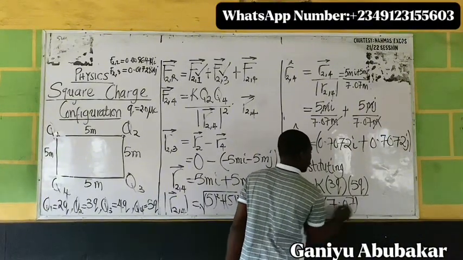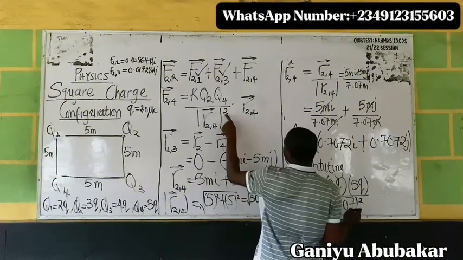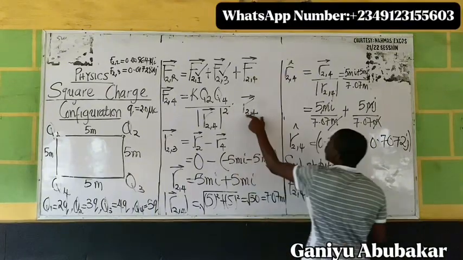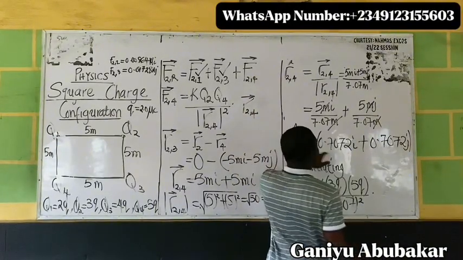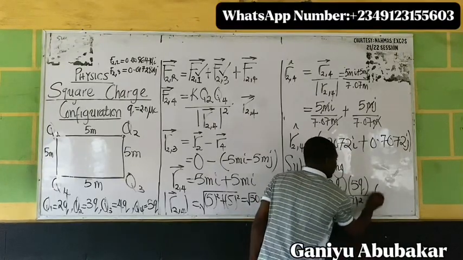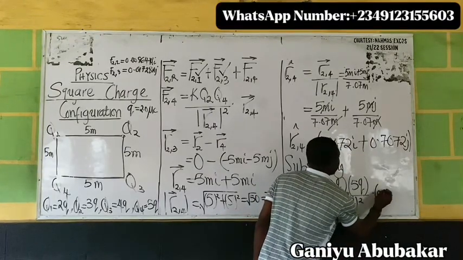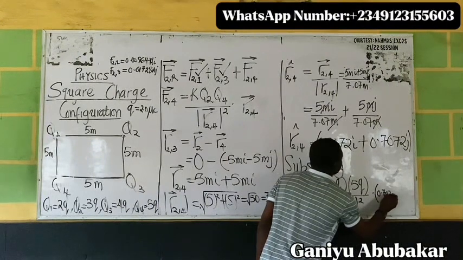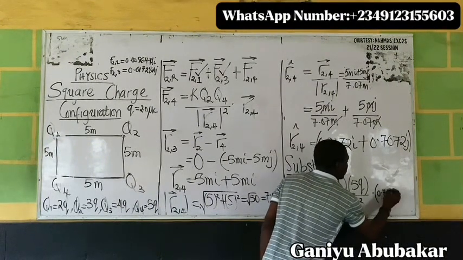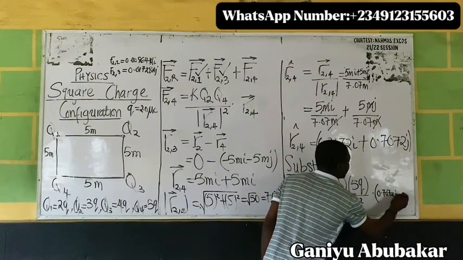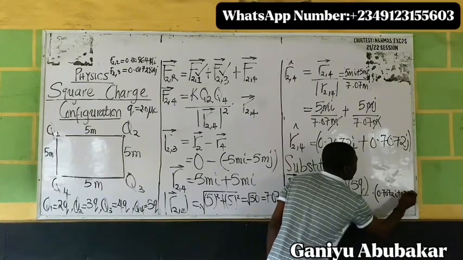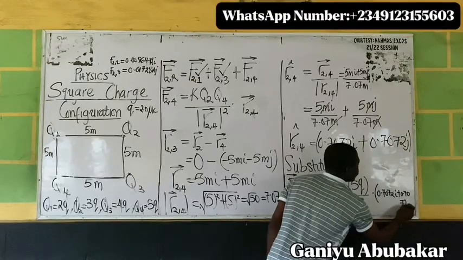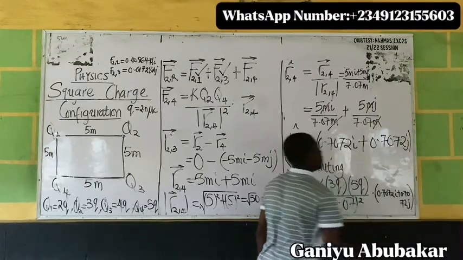All squared, as refers to this dot unit vector of 24 vector. That's this value. So in brackets, 0.707 I plus 0.707 J. These are the values here.